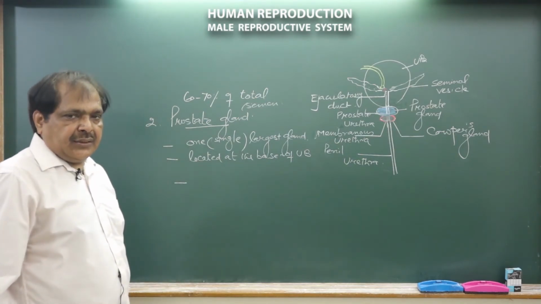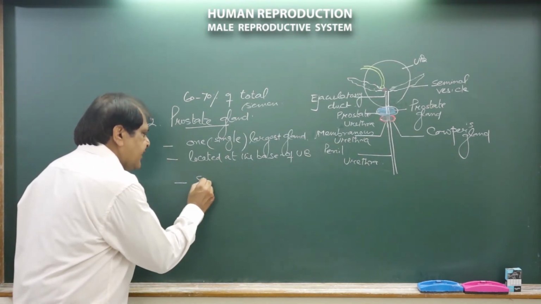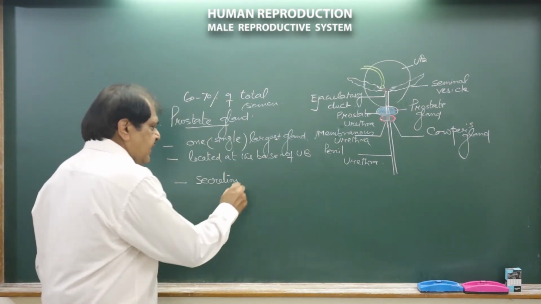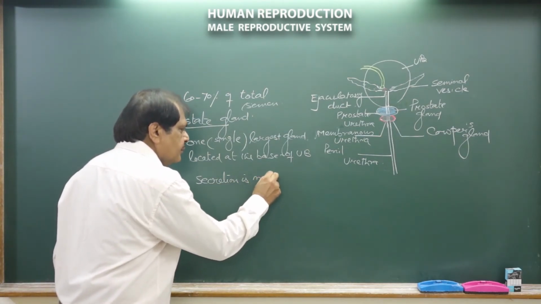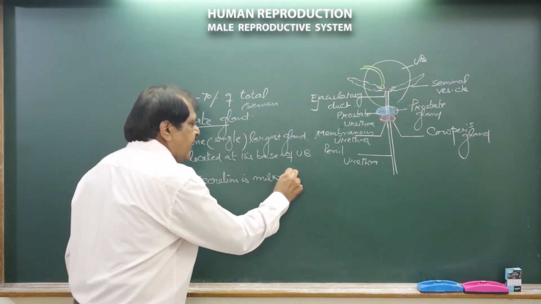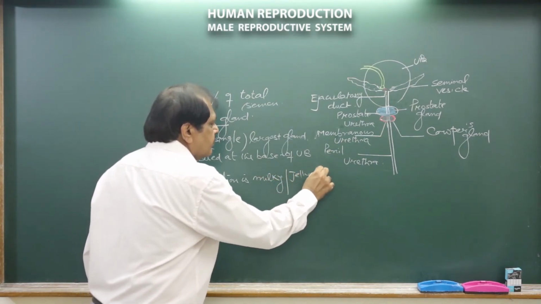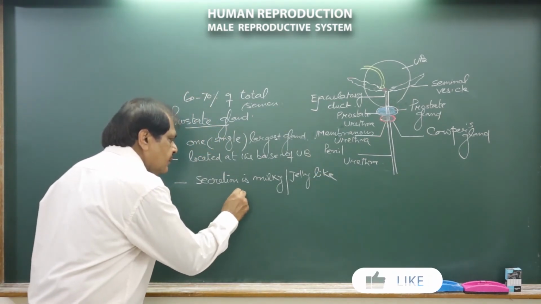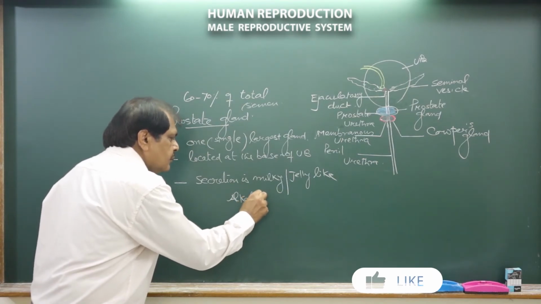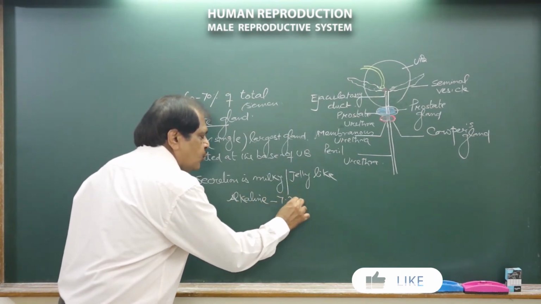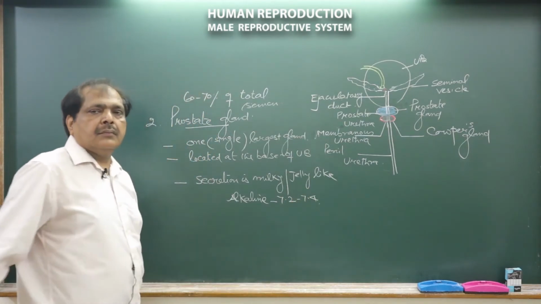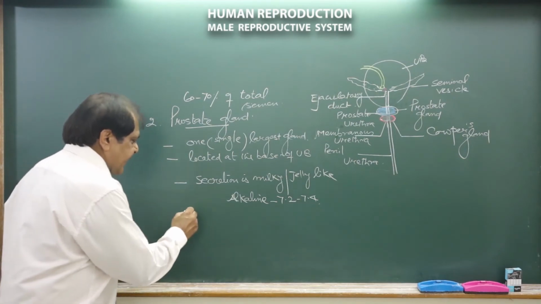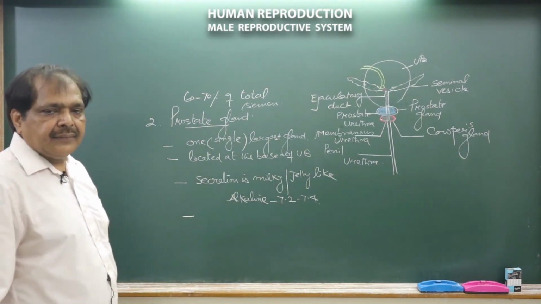Its secretion is milky, jelly-like, alkaline, with the same pH of 7.2 to 7.4. Then what does the secretion of the prostate gland contain?